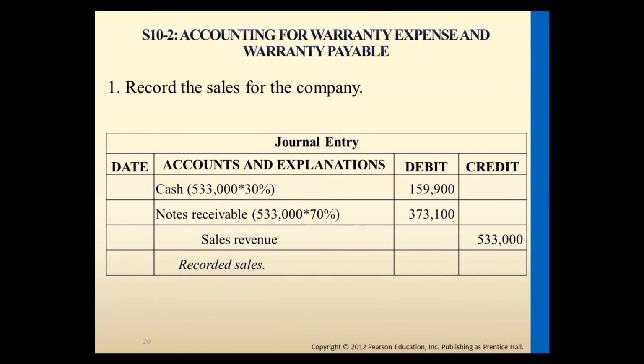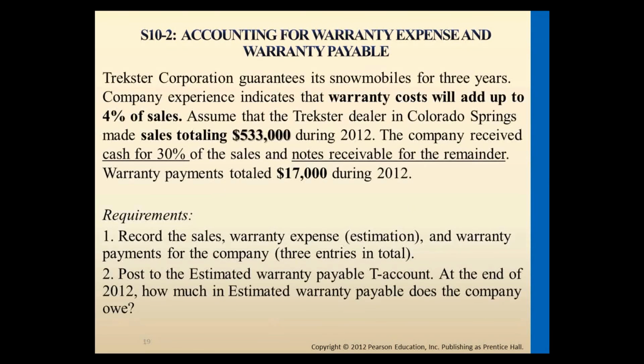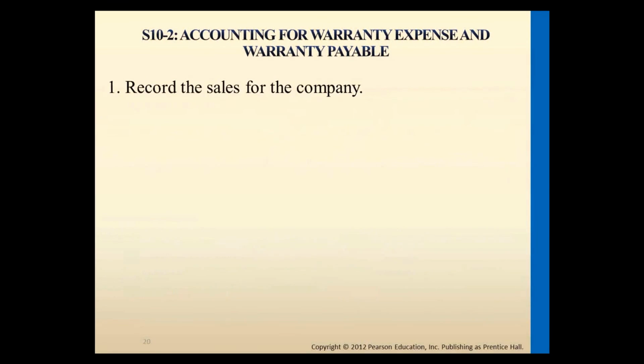Now, how do we calculate estimated warranty payable? We have sales of 533,000, right? We have a warranty rate based on prior years' experience. We have the 4% of warranty expense that very likely will occur based on this sales amount.